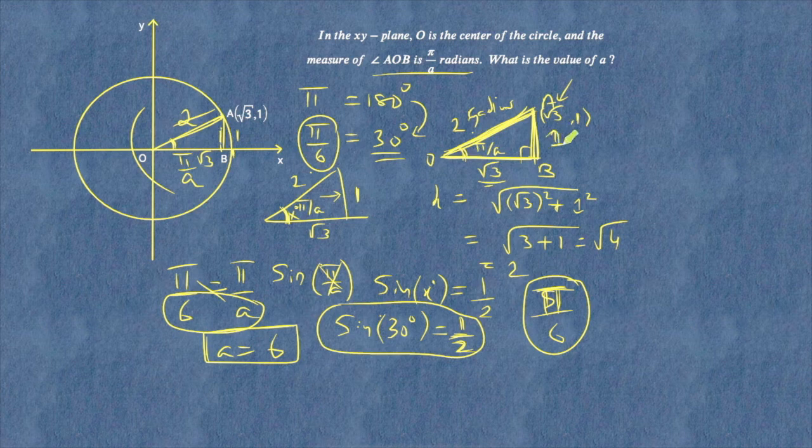So we got that half, and we also know sine 30 equals half, and from there we use this pi radians equals 180 degrees, and from there we derived this A equals 6. That's why I said this is a very hard problem, and you need to know some of these properties.